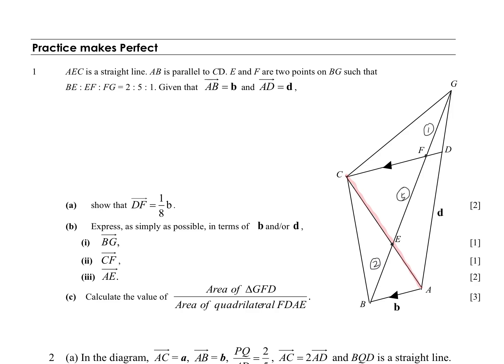Okay, and then they tell me that AB is B and AD up to this point, up to this point only, it's D. Okay, so you can draw the arrow so we know where it stops. So they say, can you show that DF is 1/8? So first thing first, I need you to spot the similar triangle.